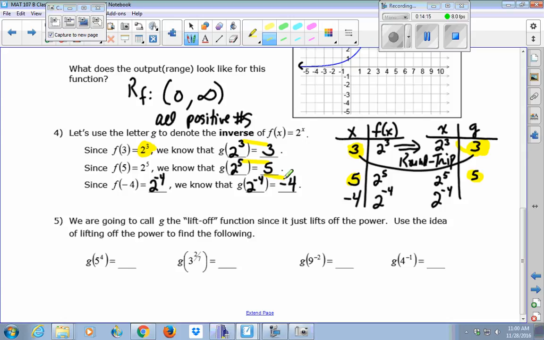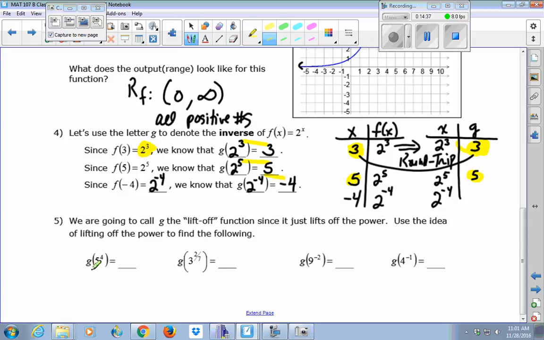So all of the answers to this inverse function is just an exponent, your original exponent. That's all it is. No matter how crazy it looks or what kind of fancy names we get, the end result is just an exponent. So let's use this liftoff idea on these 3 problems.